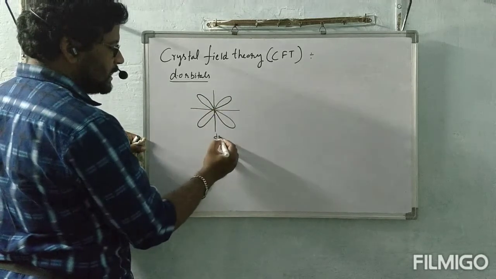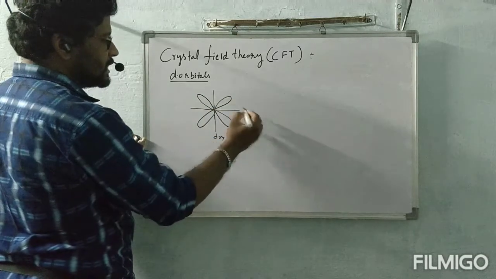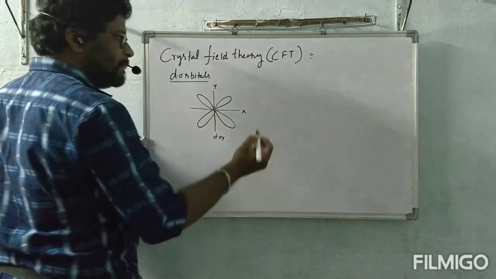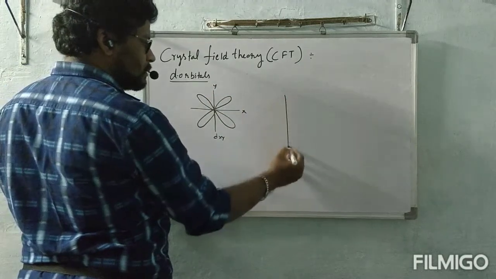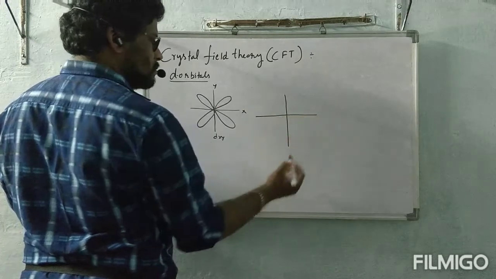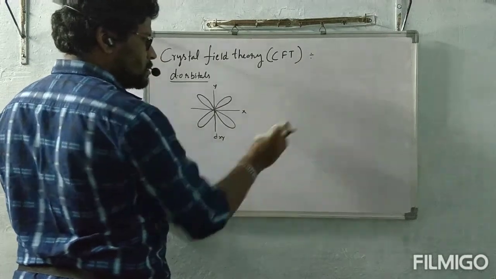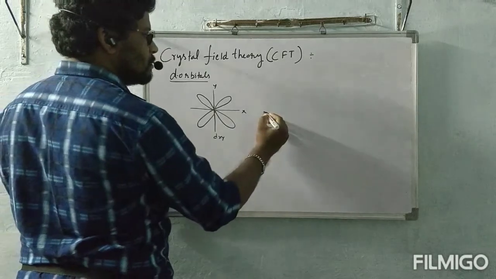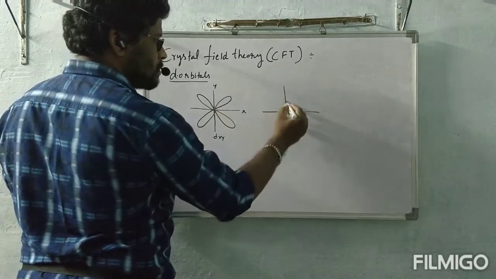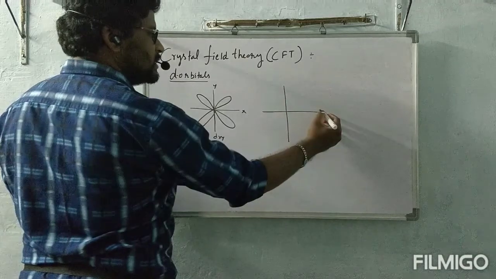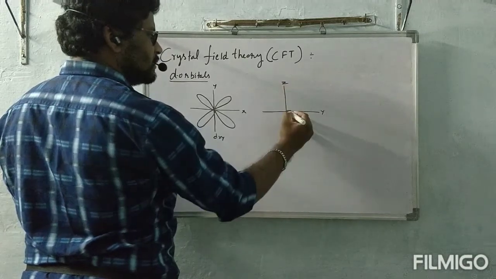First one, dxy. This is x-axis and this is y-axis. Next, second one, this is y, this is z axis.